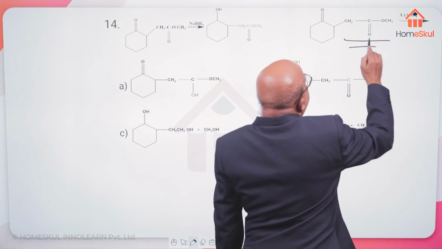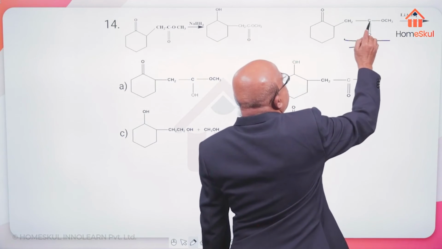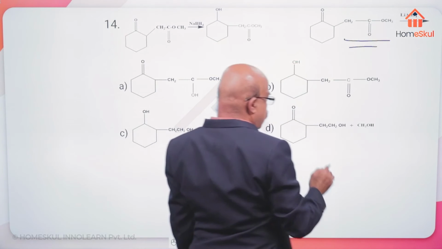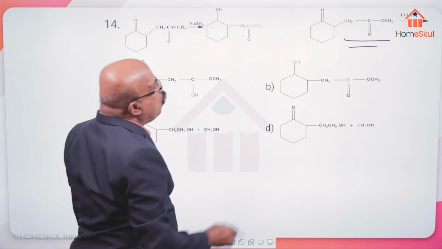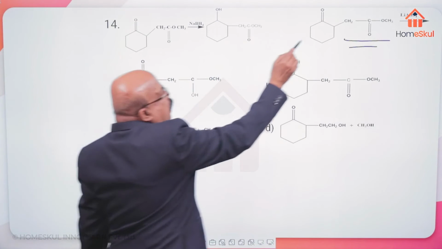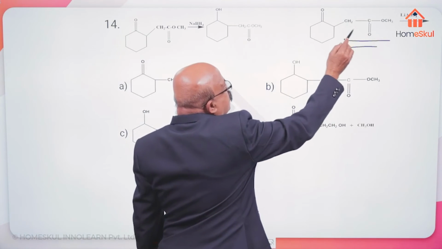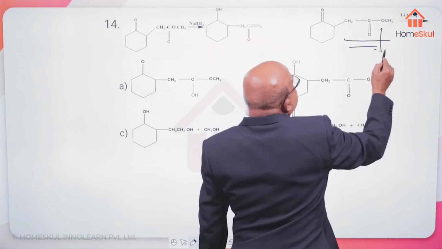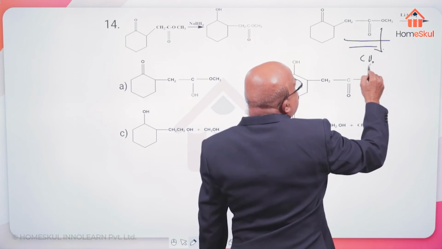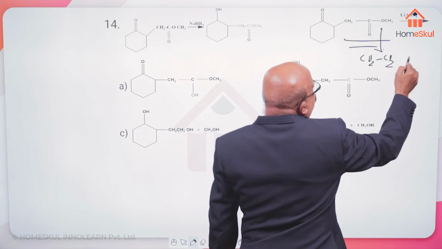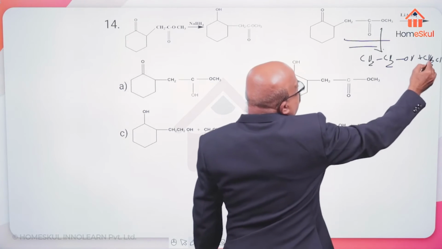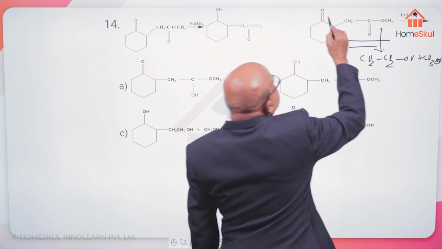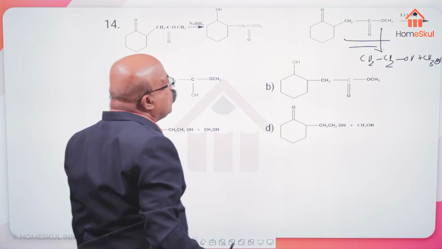It is an ester. It becomes CH2OH plus methanol, and this keto group, the lithium aluminium hydride reduces both. This ester group becomes CH2OH plus methanol, and this keto group becomes OH group.